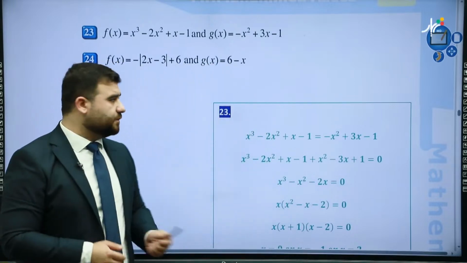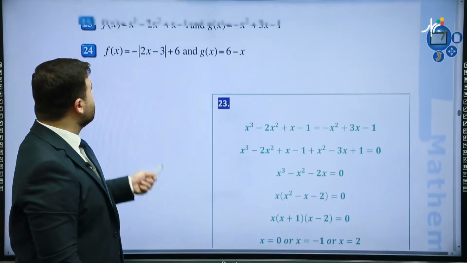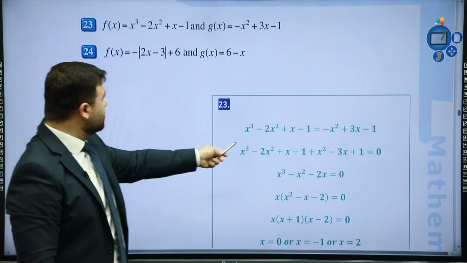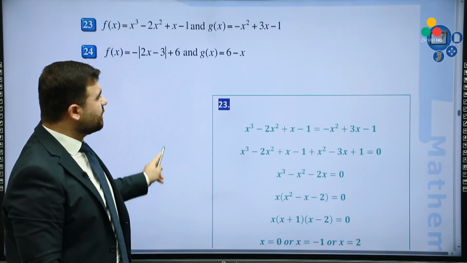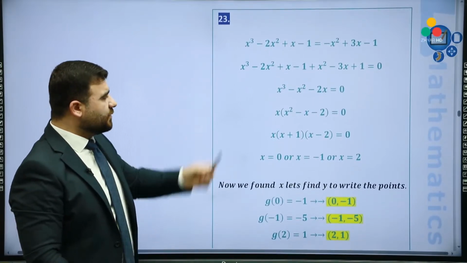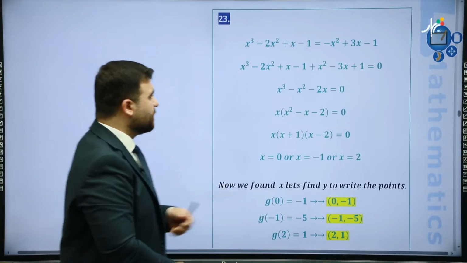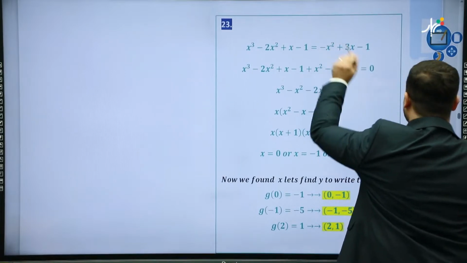Then this function, x cubed minus 2x squared plus x minus 1 equal to negative x squared plus 3x minus 1. Now after I equate them, since I don't have all the x's power 1, then I should make one side of the equation 0. Then these all move to the other side.